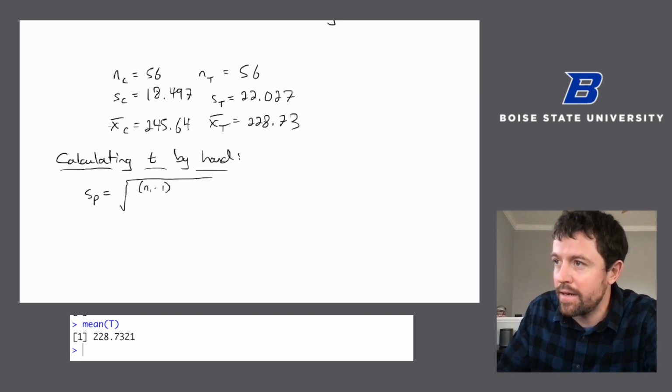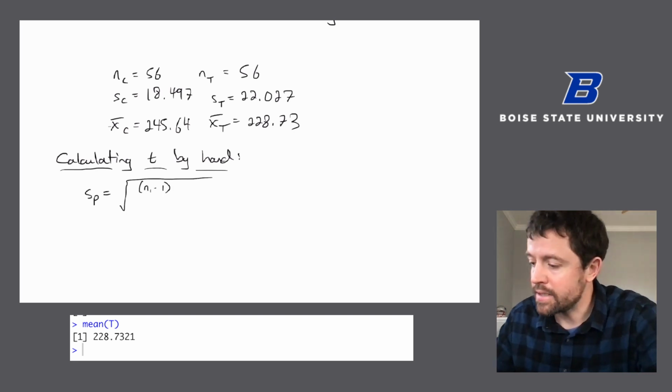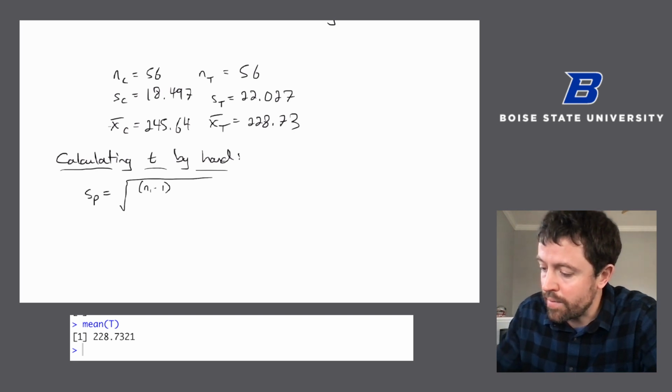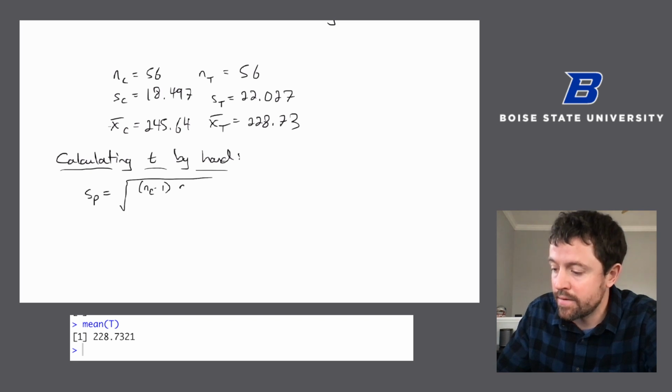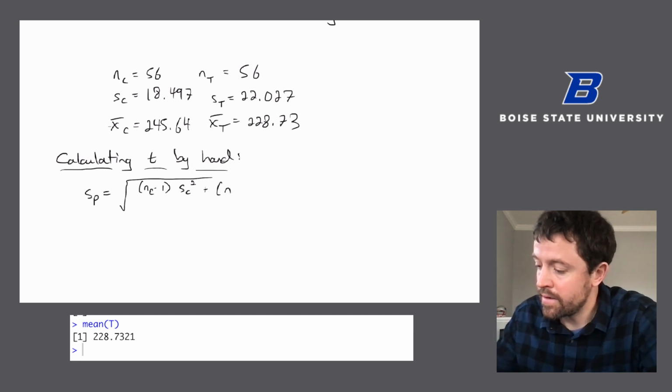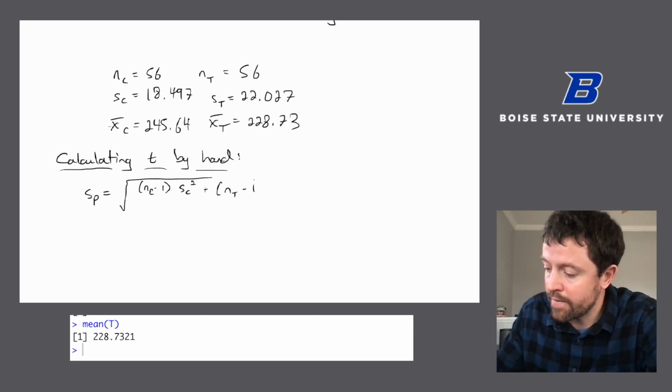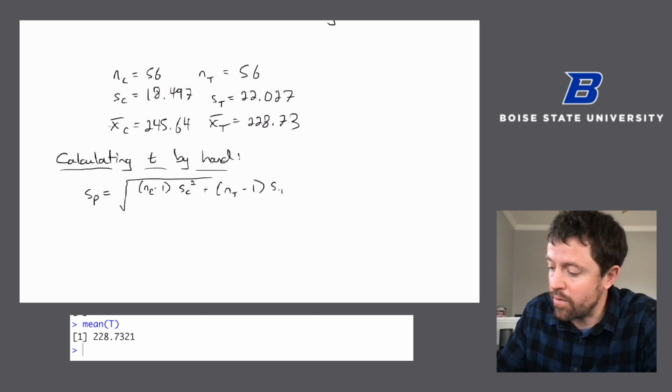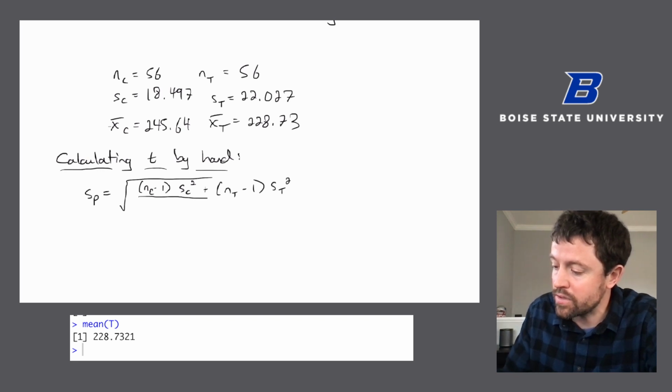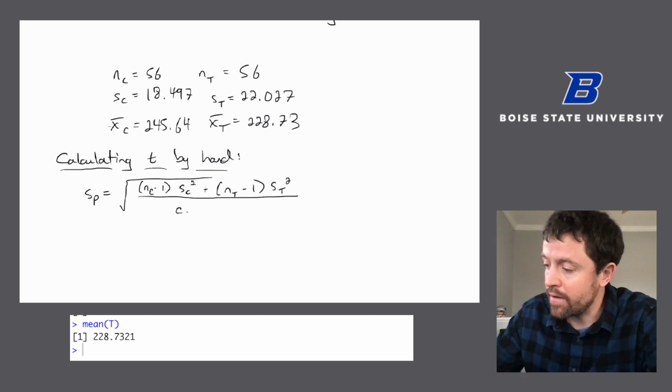You can explain it relatively easily, and actually I wrote n sub 1, but I'll write it in terms of c and t. So you subtract 1 from each sample size and multiply by the standard deviation squared. And then you divide by the degrees of freedom.